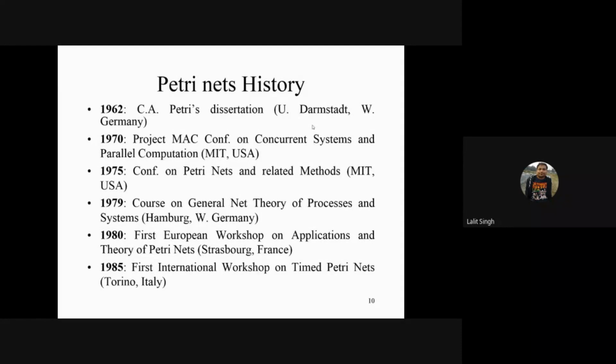Then different flavors of Petri nets started coming up. For example, if you want to work on real-time systems, there is a specialized Petri net known as timed Petri nets, where you can embed the timing information and it can give results with times. The first international workshop on timed Petri nets was conducted in 1985.